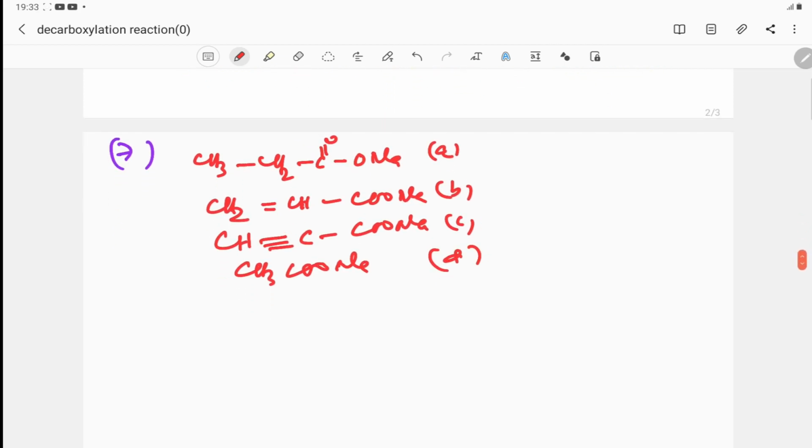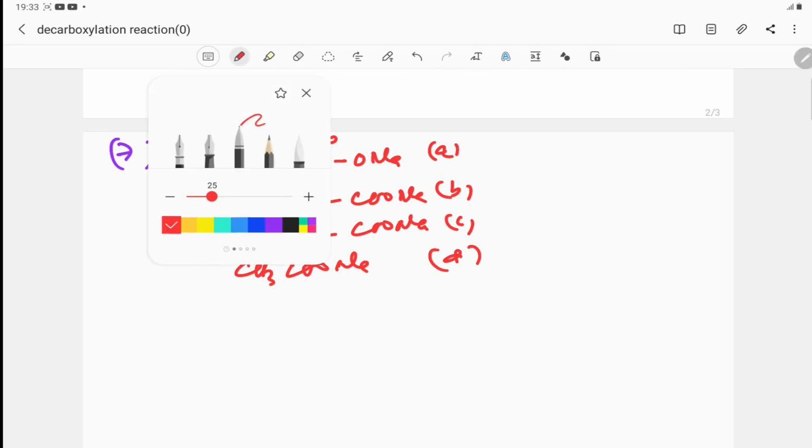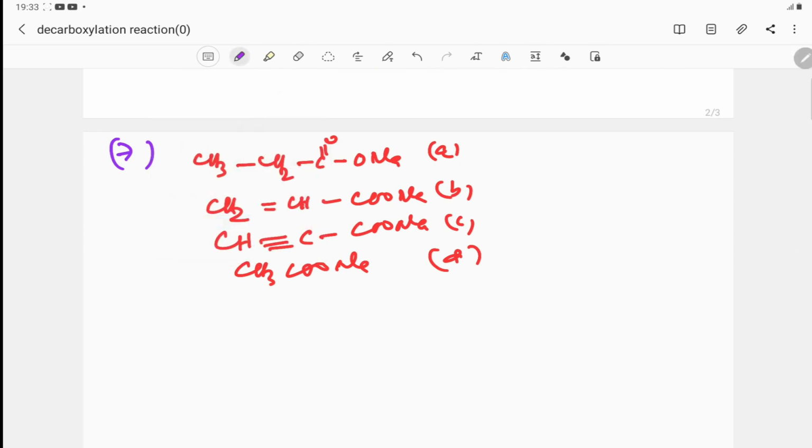But if you see the stability of the carbanion, here this minus charge will be produced here, and here this is the minus charge, this is the minus charge, and this is the minus charge. Here the hybridization is sp3, here sp2, here sp, here sp3.